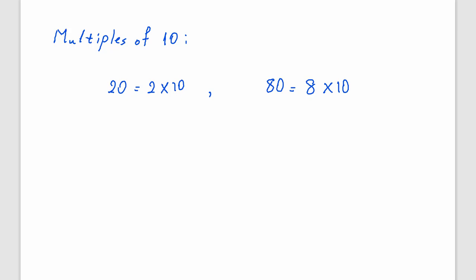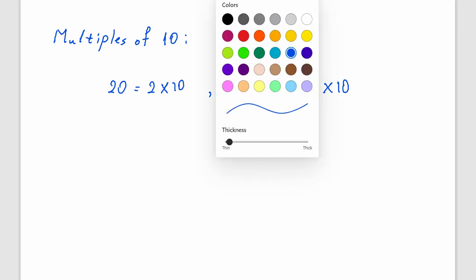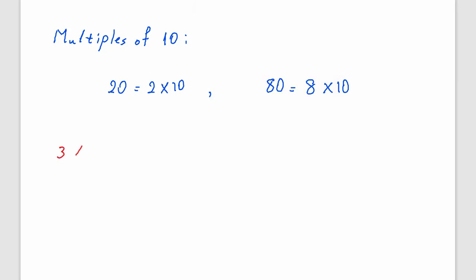Let's take the first number, 20, and multiply it by another number, say 3 times 20. In this case, my heroes, I can make the 20 2 multiplied by 10. So I can write it 3 times 2 times 10.